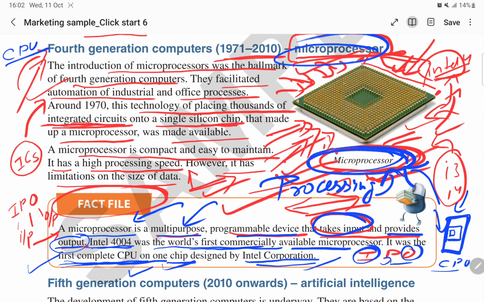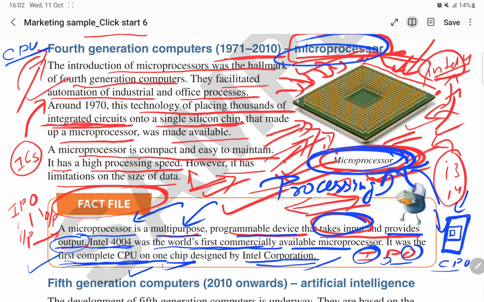But what actually works as a CPU is our microprocessor. That's why, when the first commercial microprocessor, Intel 4004, was placed on the motherboard, the CPU was said to be complete.